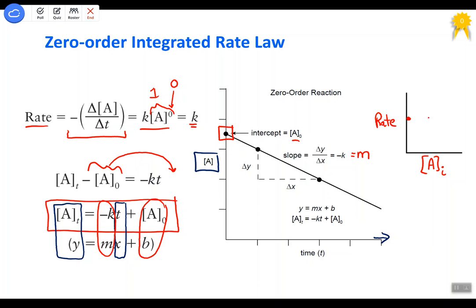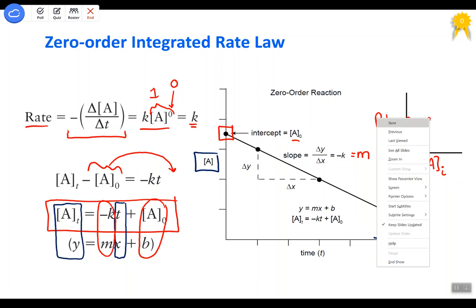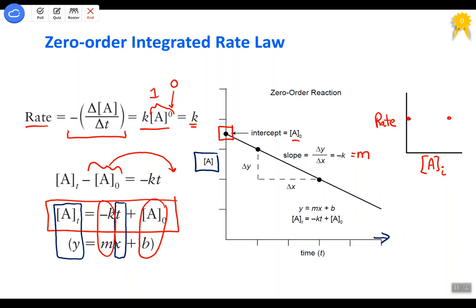And if I doubled it, I could see that the rate stays the same. And triple it, the rate stayed the same. So the rate doesn't change if we mess with the concentration of A.